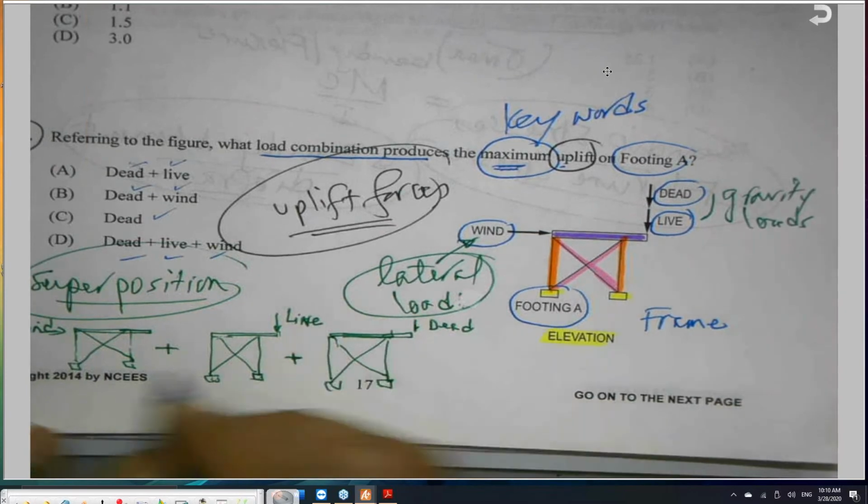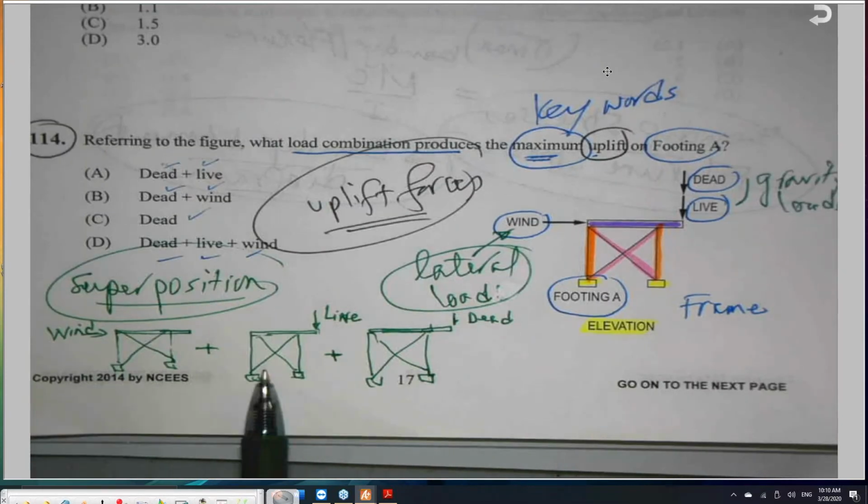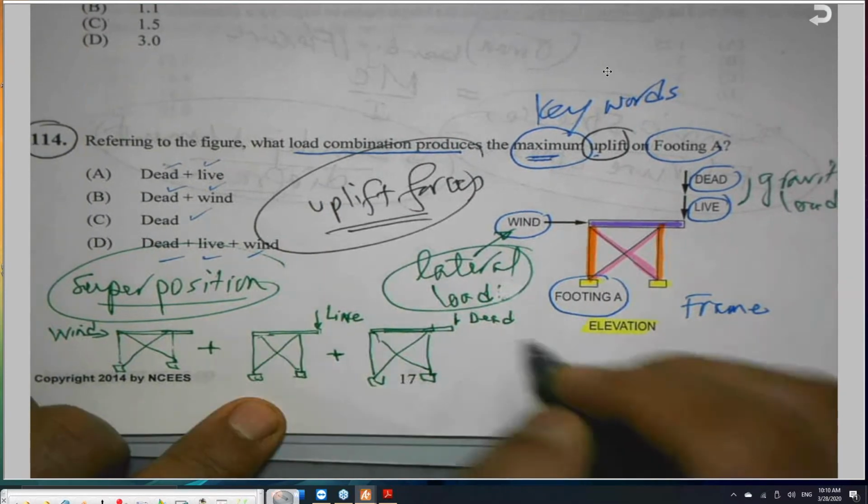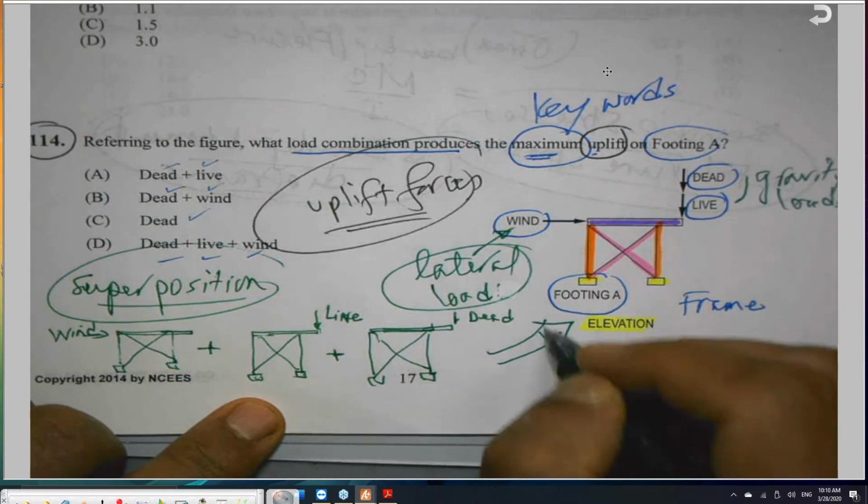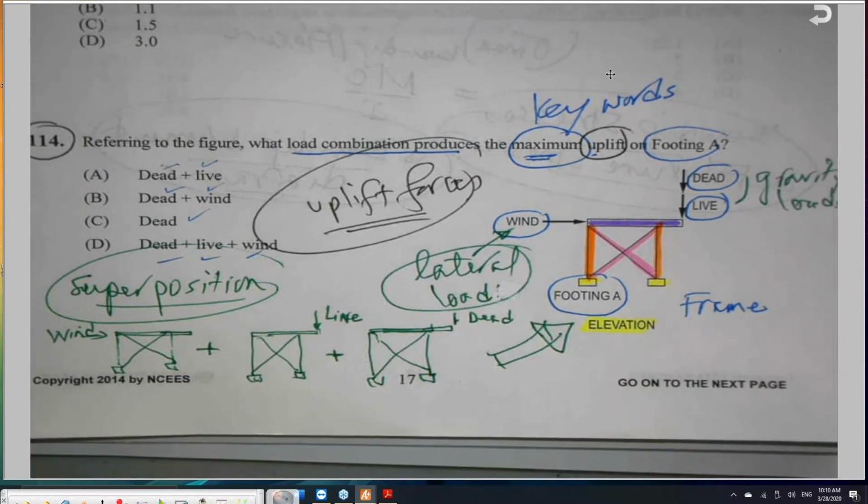So if you add this to this to this, it will give you this. Agree with me? This is called superposition.